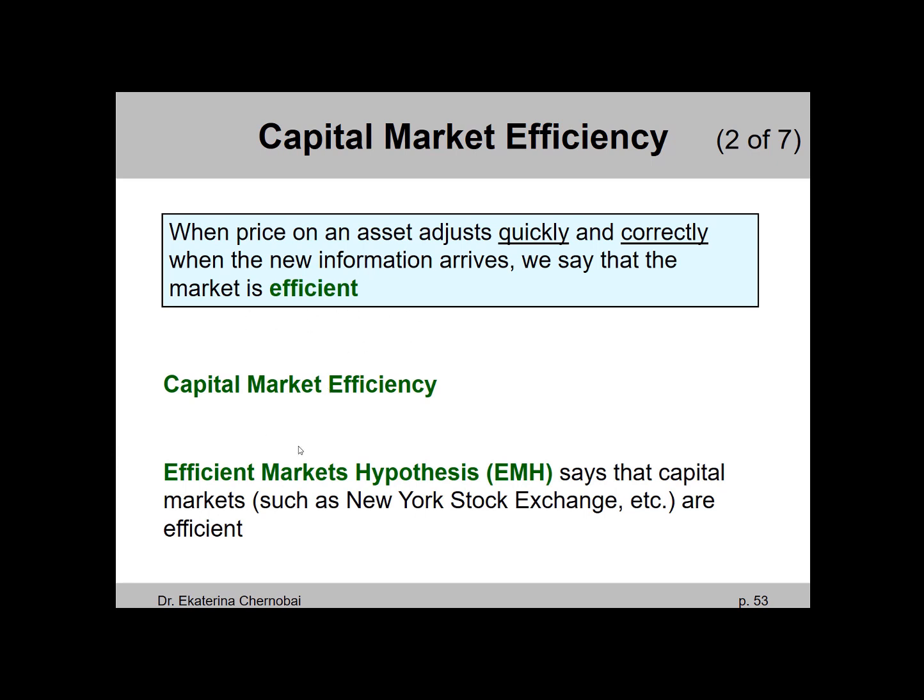And the so-called efficient market hypothesis says that the capital market, such as the New York Stock Exchange, is efficient. Some researchers out there believe in it, others do not believe. Those who do not say that when something new comes in, people sometimes overreact or don't fully understand the implication of that big news, big announcement, and so the prices do not reflect that accurately.